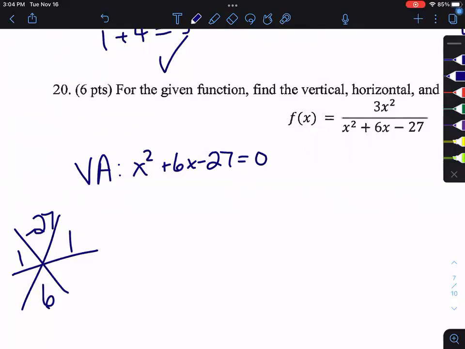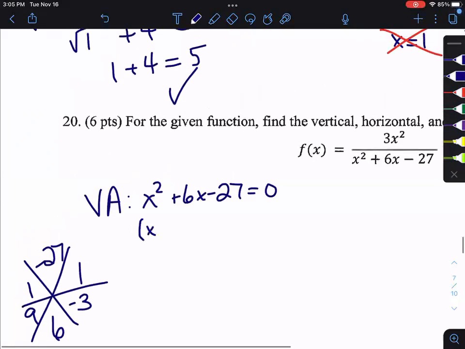So in this case, we're going to select +9 and -3. So I'm going to have factors x plus 9, x minus 3 equals 0.